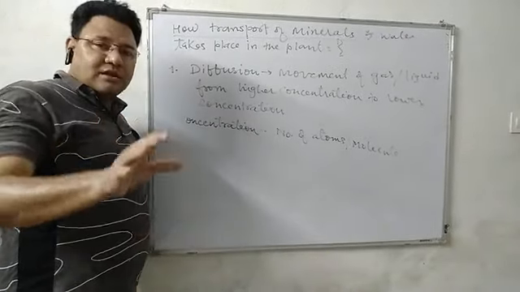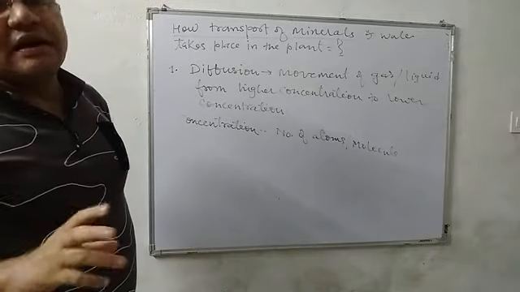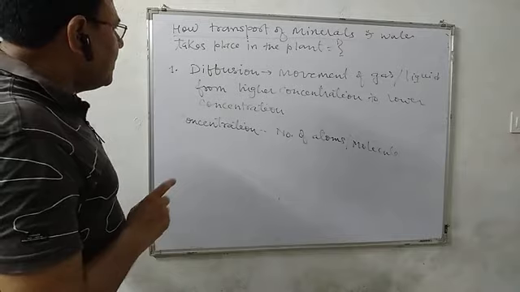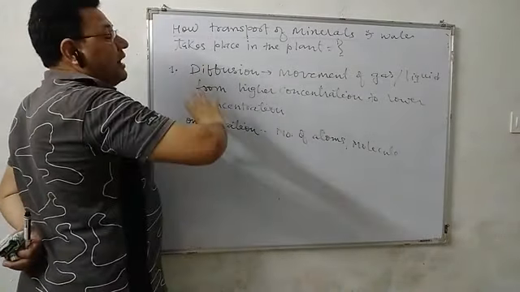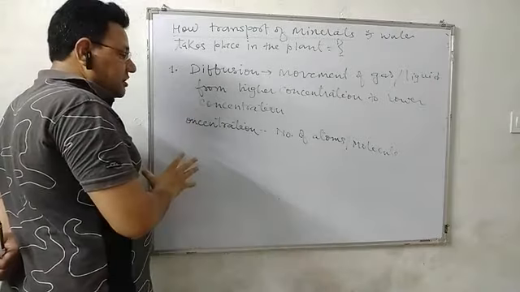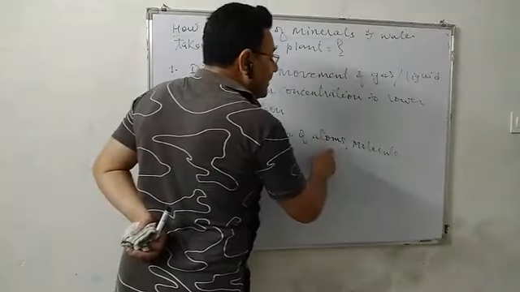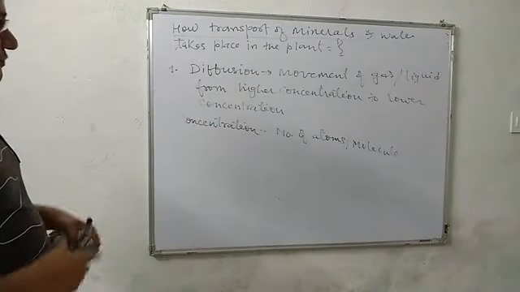On the basis of this only, in chemistry, you call a solution concentrated or dilute. So diffusion is the movement of gases and liquids from higher concentration to lower concentration. Concentration means the number of atoms or molecules present in a given volume.